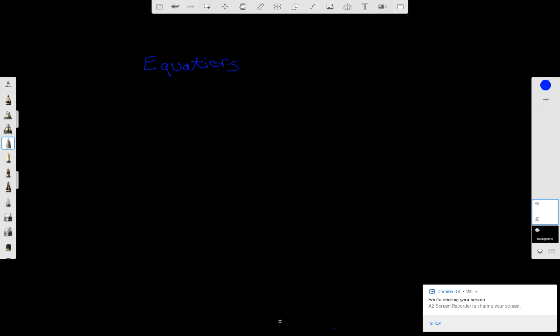And now let's start with some simple ones. Let's do 3x equals 12. In this case, you divide both sides by 3, and you get x equals 4. So that's just a very, very simple equation for you to get the concept.